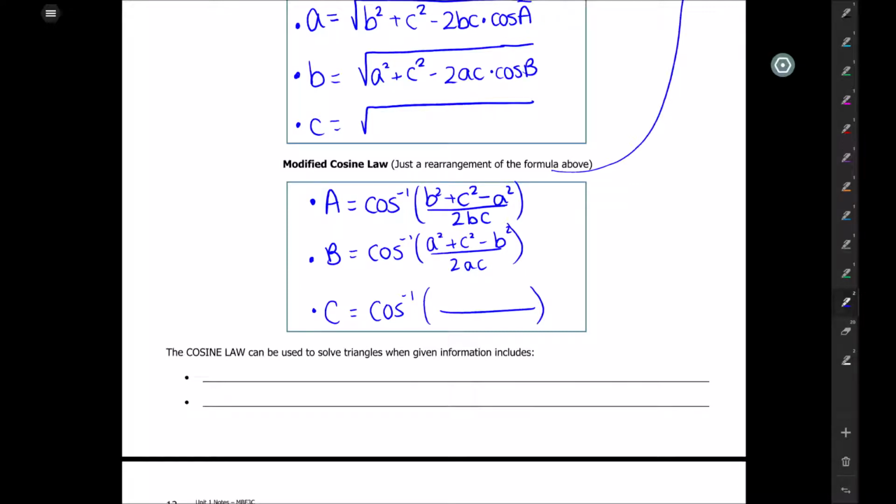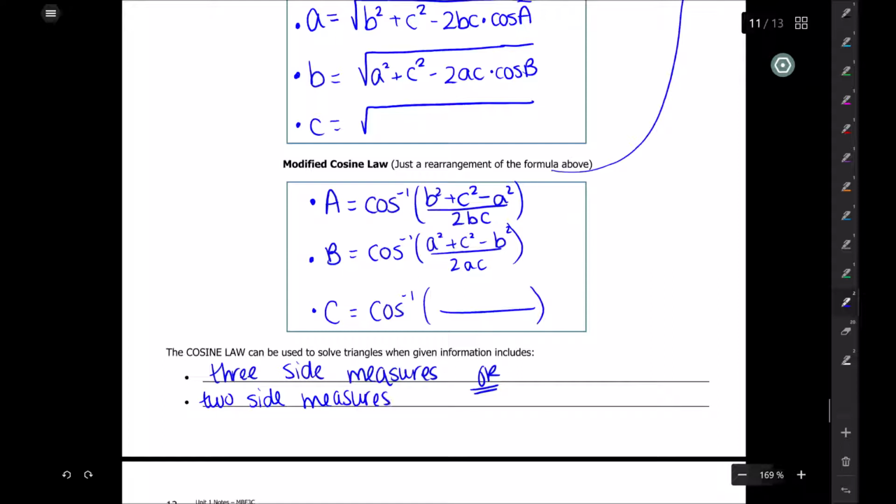So when do we use the cosine law? It can be used to solve triangles when the given information includes either 3 side measures or 2 side measures and the included angle.